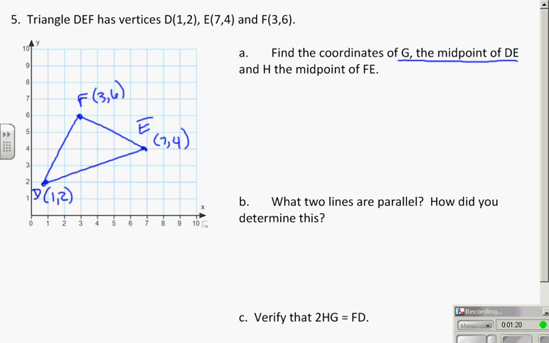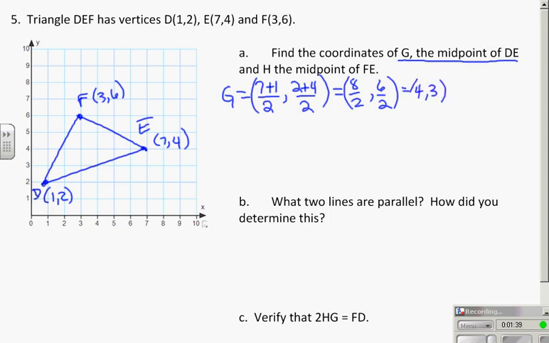D to E, G is 7 plus 1 over 2, x coordinate, and 2 plus 4 over 2, y coordinate, which is going to be 8 over 2, 6 over 2, which is 4, 3. So the midpoint G is at 4, 3, and that's exactly where I want it to be.